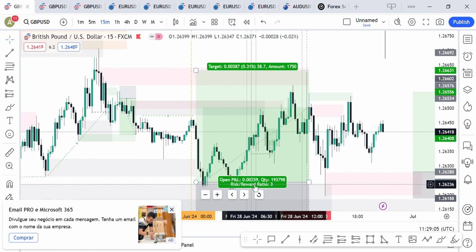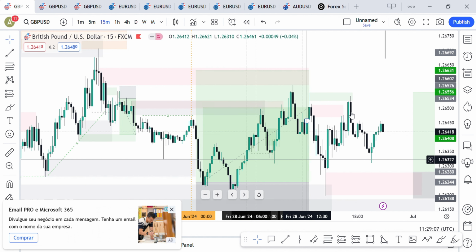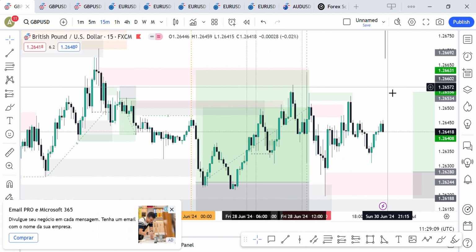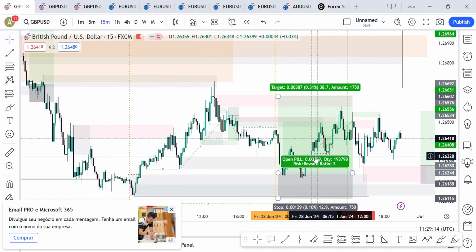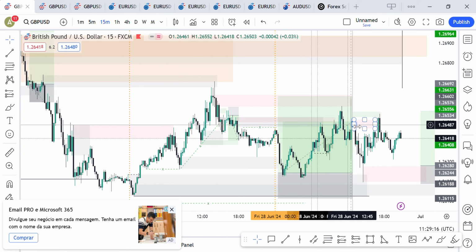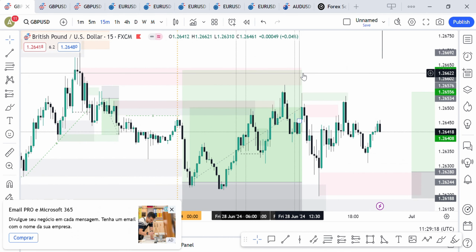So another thing is that you need to understand that when you have your core values, you have to also trust them. With this trade, I would have just banked that 3R with the news right here.